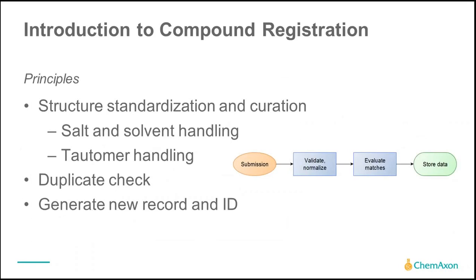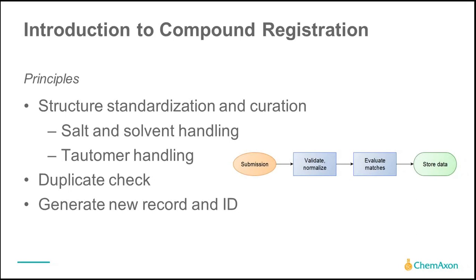The most basic workflow of how the actual registration process can be described is as follows. You submit your structures. There is some sort of validation and normalization process where salts and solvates are recognized and the tautomers are handled.